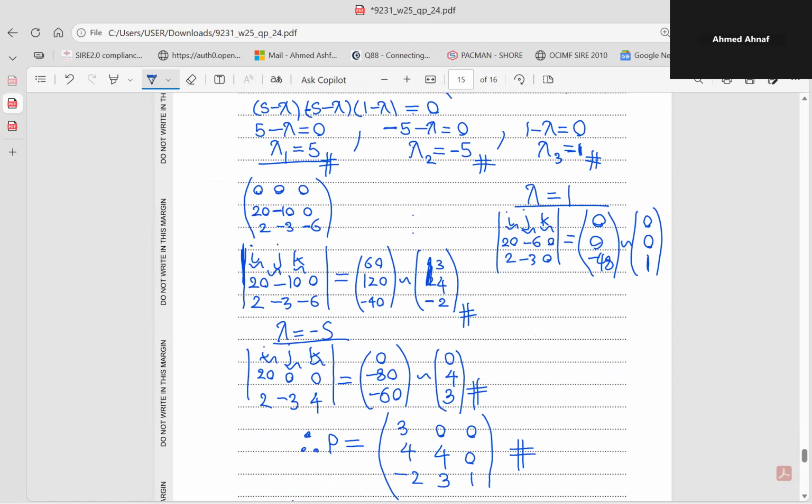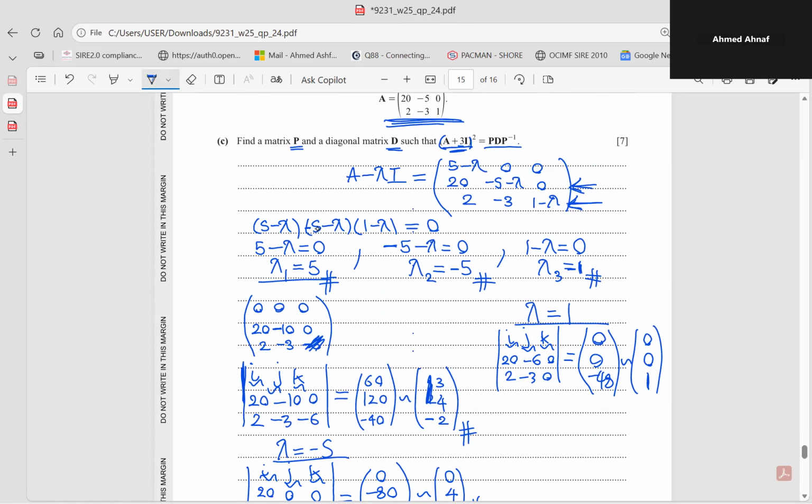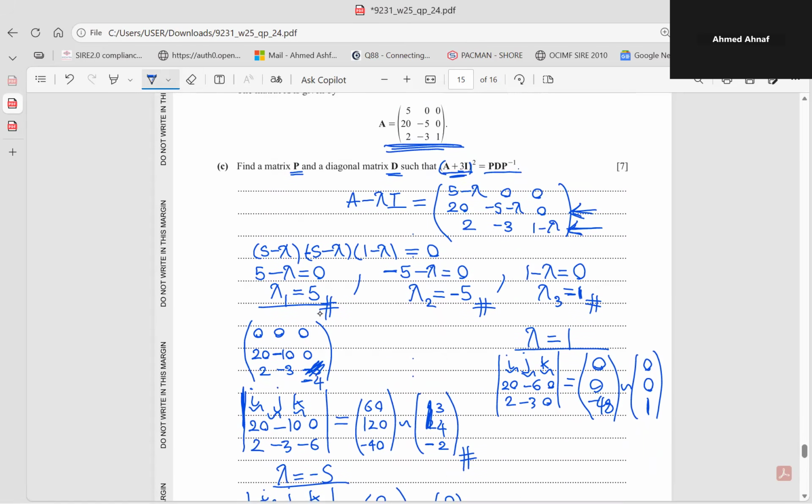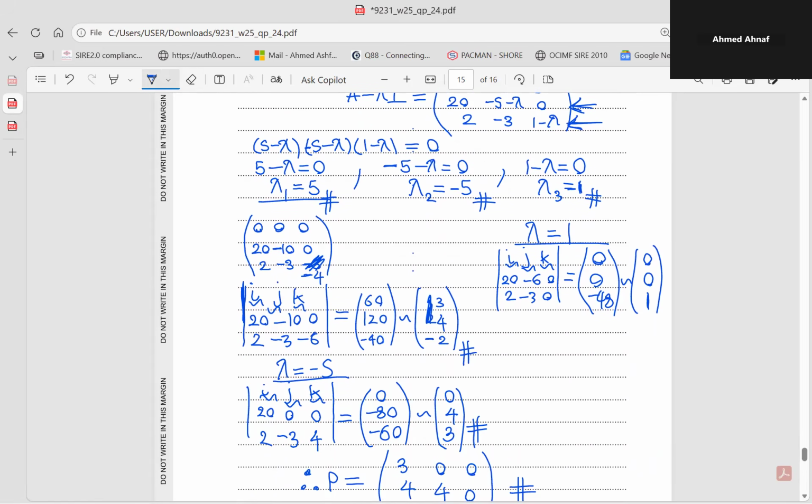Okay. So I just realized I made one mistake in here. I'm just going to cancel. This is supposed to be minus minus 4, right? So this here is supposed to be minus 4.